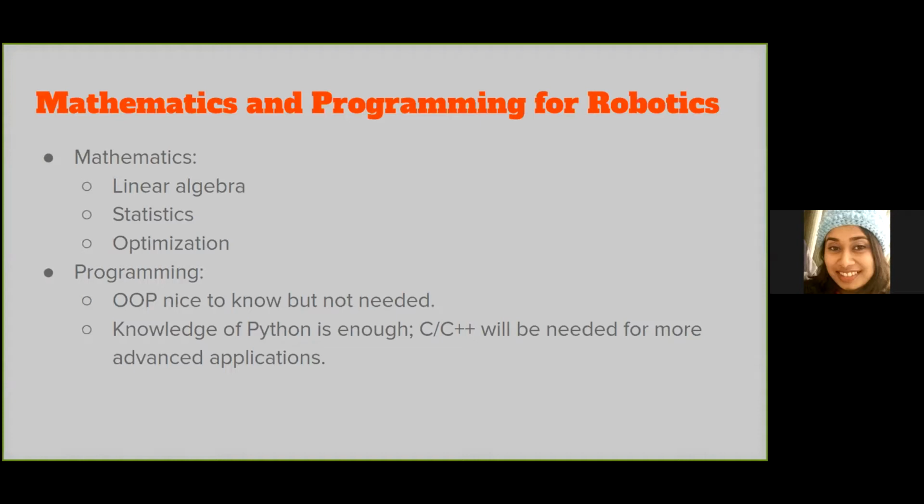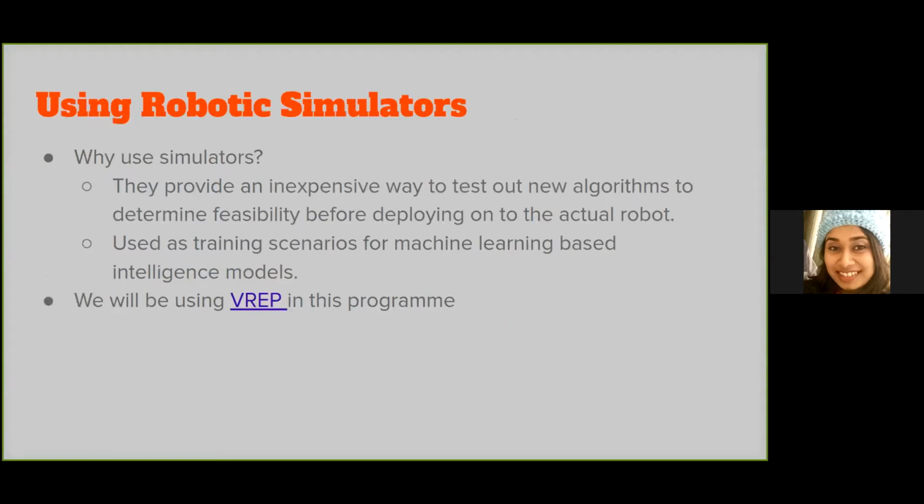Coming to robotic simulators, why use simulators in the first place? If we have a robot, why not use the robot itself? Well, there are a few advantages. Suppose you're developing a machine learning algorithm that makes a humanoid robot walk, like the Boston Dynamics robot.